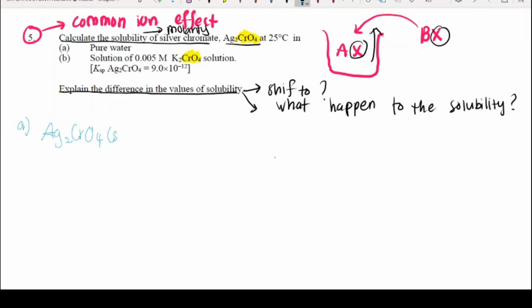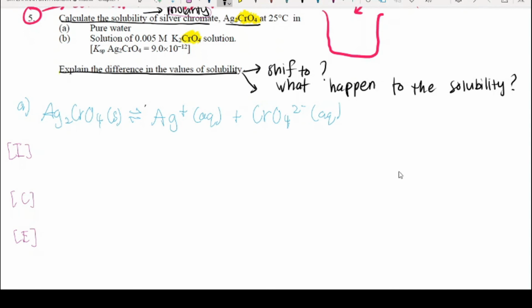So A, we know that Ag2CrO4 is our solid. So it will form Ag+ and CrO4 2-. When discussing the common ion effect, we need to write the ICE table, the ICE table of your molarity. Balance your equation. So this one would have 2 Ag+. Now let's fill in your table.